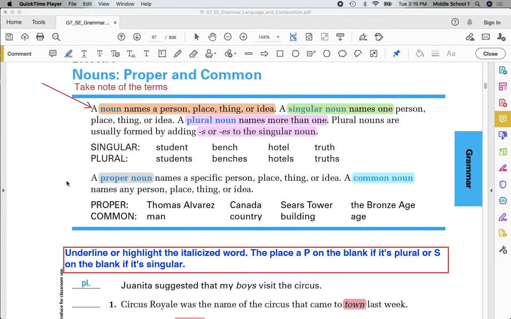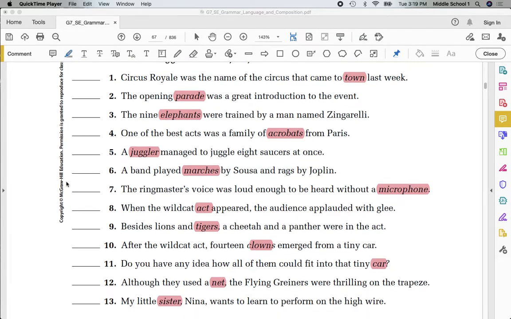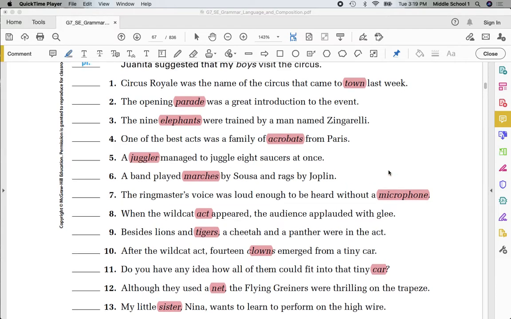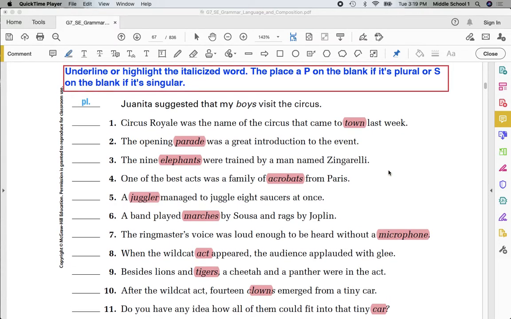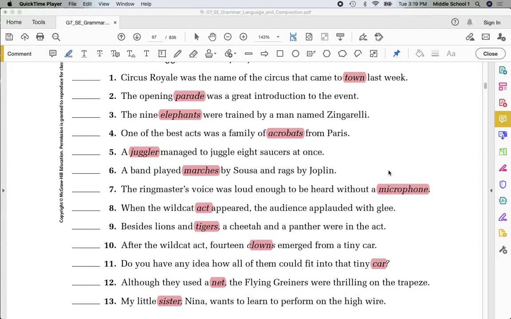In each of the sentences, numbers 1 through 13, there is an italicized word. So what we want to do to start out with is we want to underline, or we can highlight those italicized words.